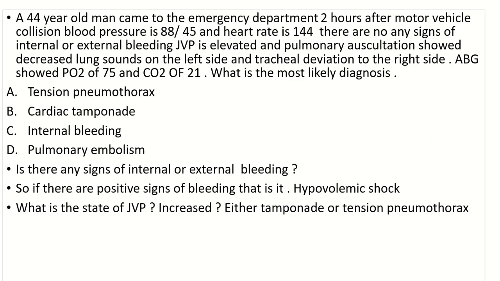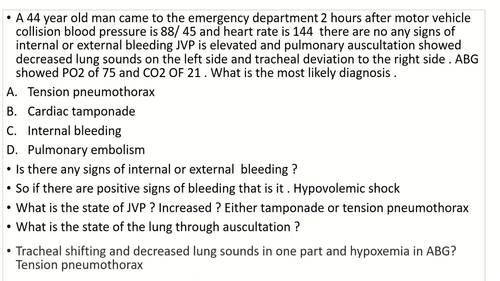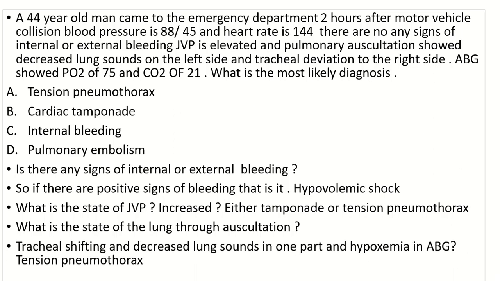What will differentiate cardiac tamponade from tension pneumothorax is the auscultatory findings and ABG. So what is the state of the lung through auscultation? If there is tracheal shifting and decreased lung sounds in one part and hypoxemia in the ABG, then this is tension pneumothorax. According to our case, this patient is hemodynamically unstable. There are no signs of internal or external bleeding. JVP is elevated.